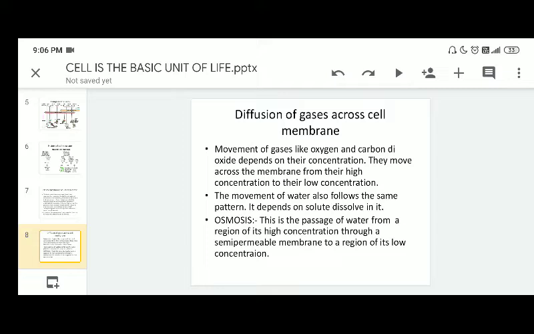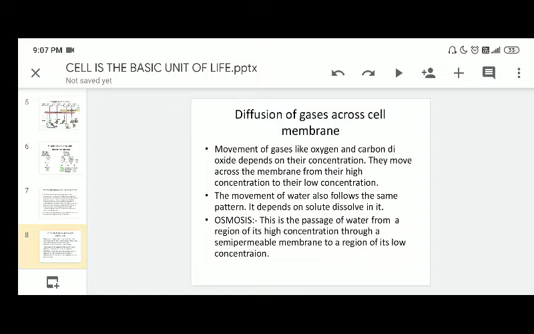Say if carbon dioxide inside the cell is higher than outside, it will move out. Similarly, if oxygen outside the cell is higher than inside, then oxygen will enter the cell. The movement of water also follows the same pattern. It depends on the solute dissolved in it.